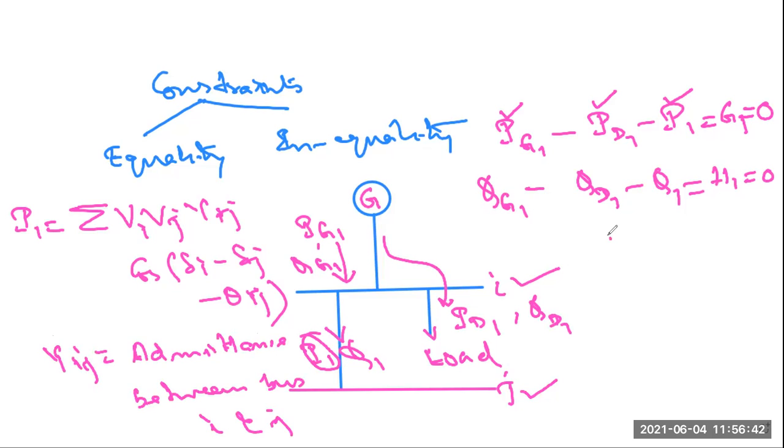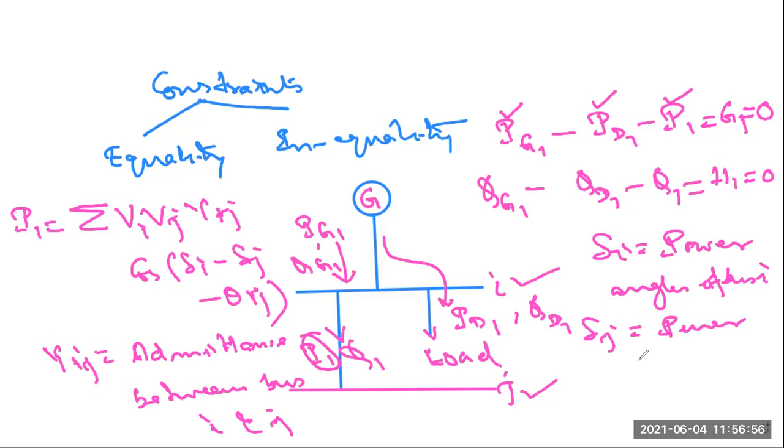Delta i is the power angle of bus i, delta j is the power angle of bus j, and theta ij is the power factor angle.